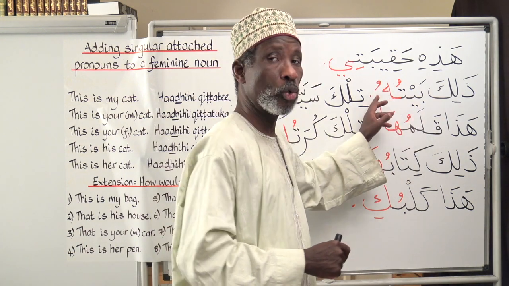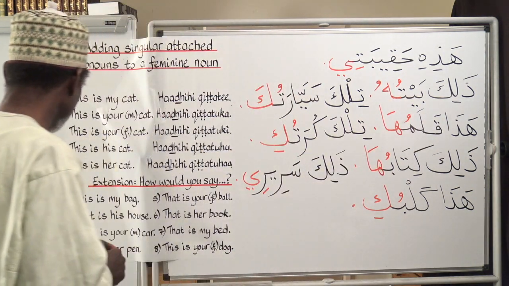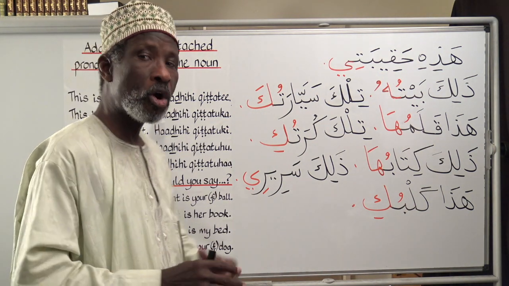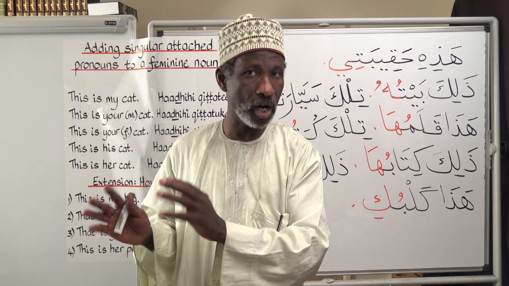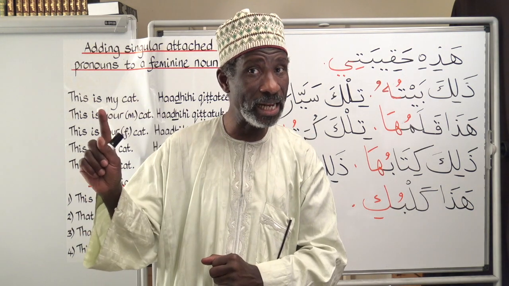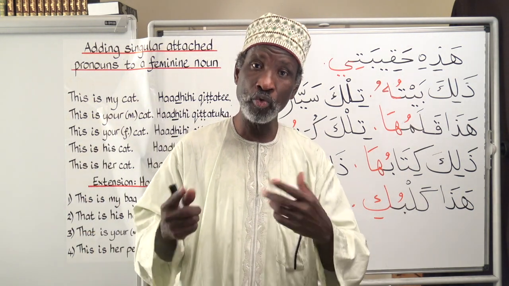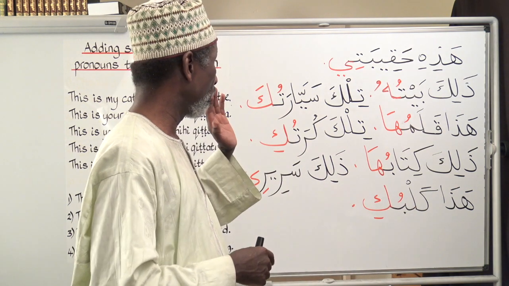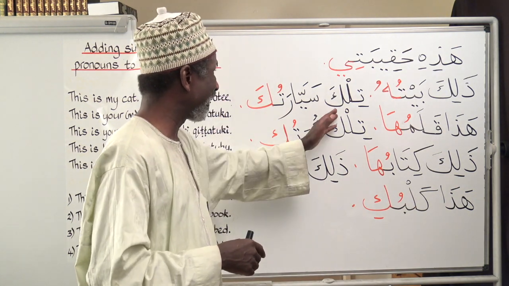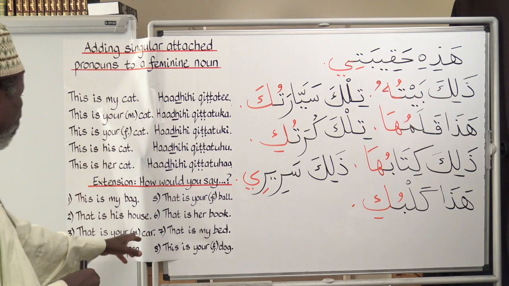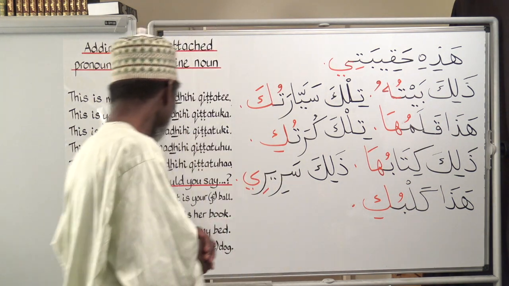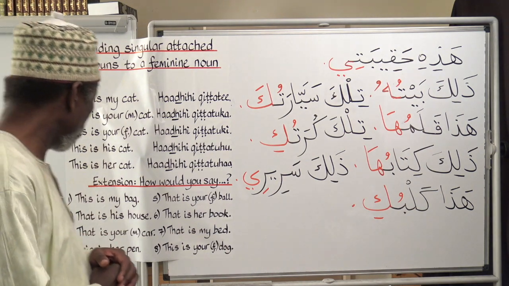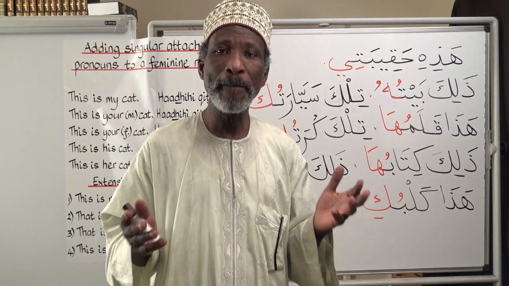Number three, that is your car. Car is sayyaratun, feminine. So we say tilka sayyaratuki, speaking to a female, or tilka sayyaratuka, speaking to a male. Number four, this is her pen.